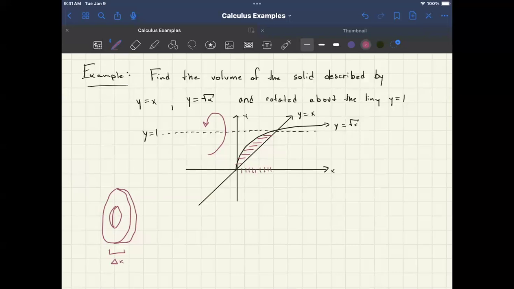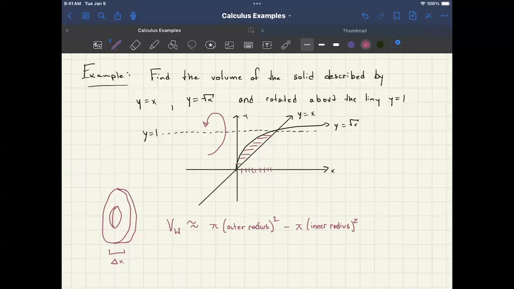When you are dealing with washers, remember, we're going to look for the volume of our washer, and that is going to be about pi times the outer radius squared, because pi r squared is the area of a circle, minus pi times the inner radius squared.